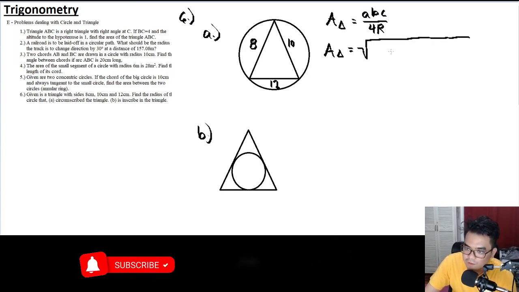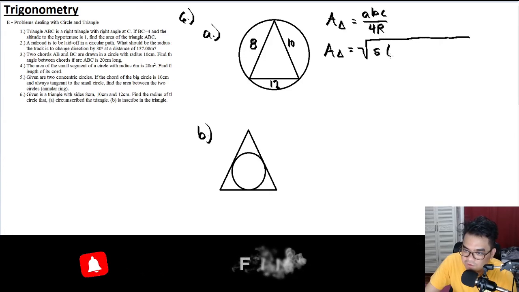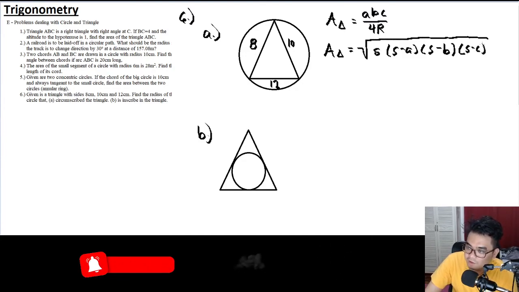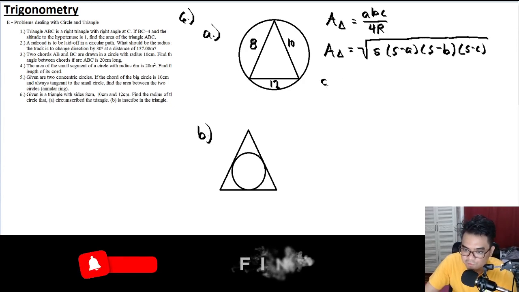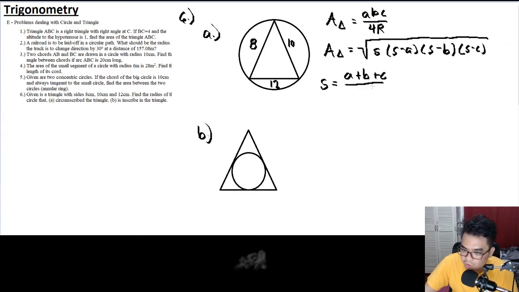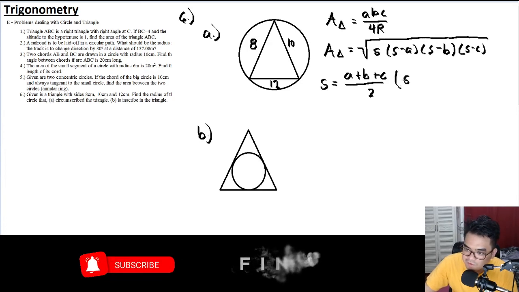The formula for that is the square root of S times S minus A times S minus B times S minus C. A, B, C are the sides of the triangle, while S is A plus B plus C, but over 2. This is called the semi-perimeter.